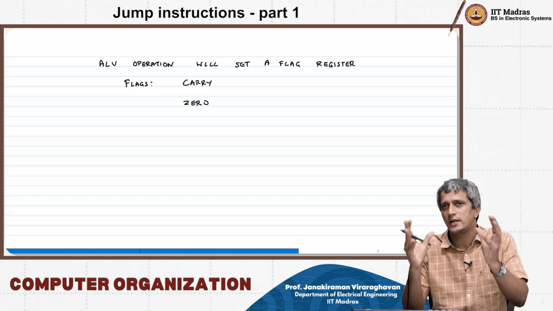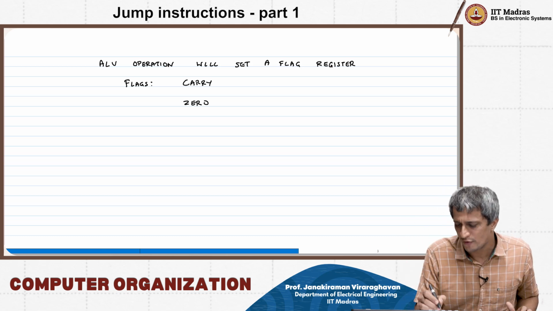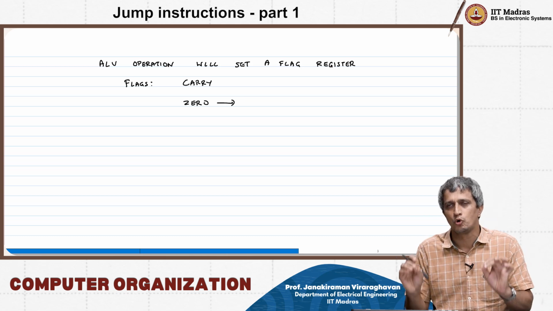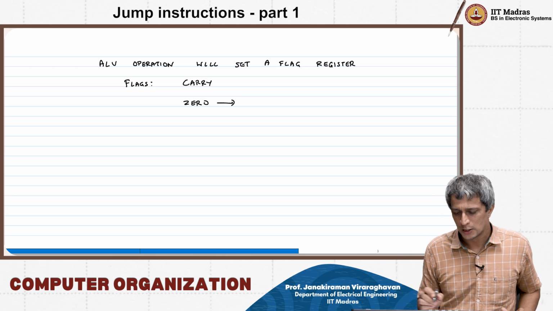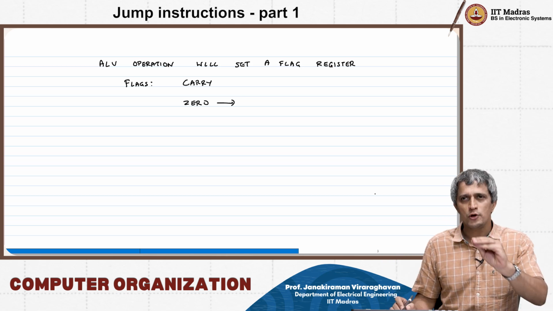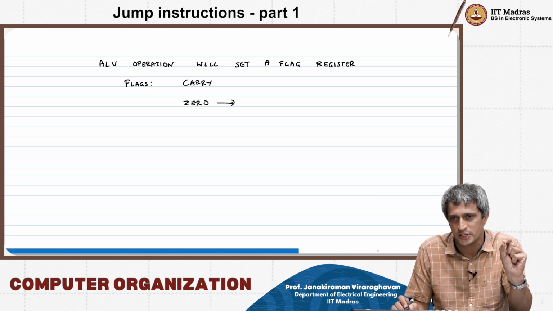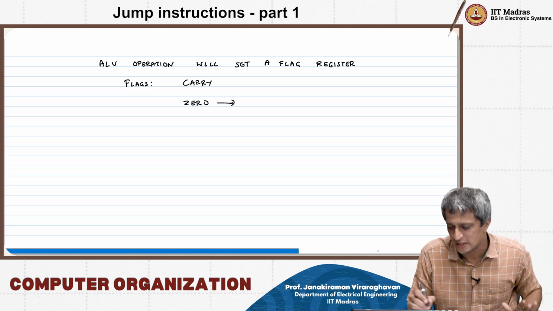We just want to understand the basic functionality. So we will just stick and restrict ourselves to the discussion on the 0 flag. So 0 flag is when you do an ALU operation, if the result of that ALU operation happens to be 0, then the 0 flag will be set.